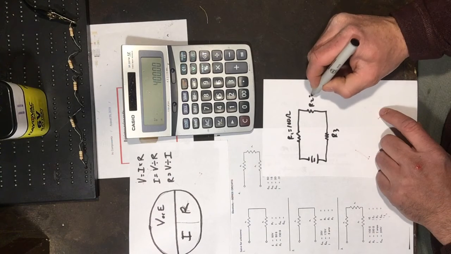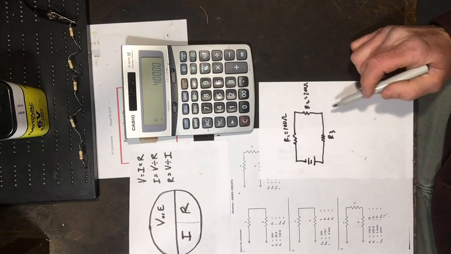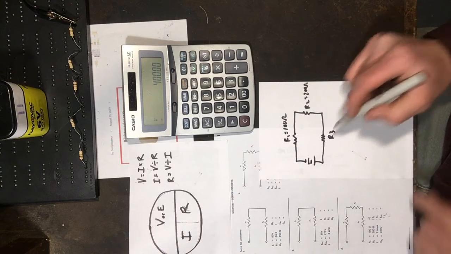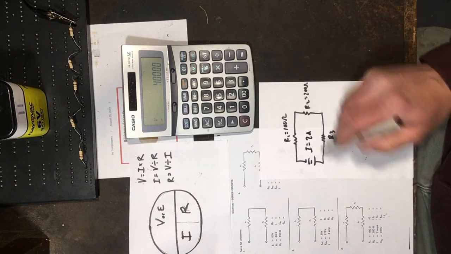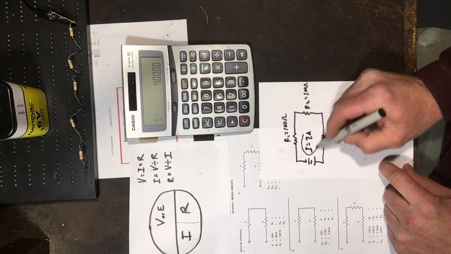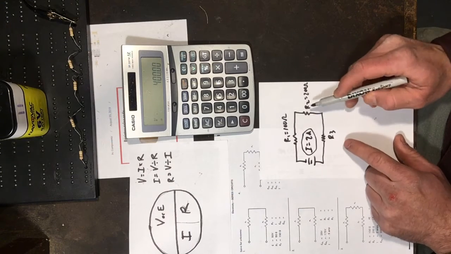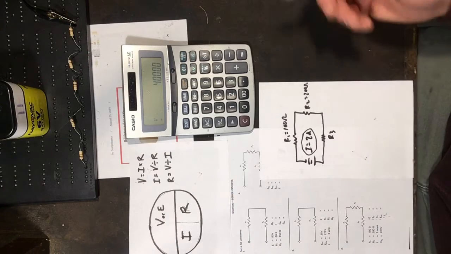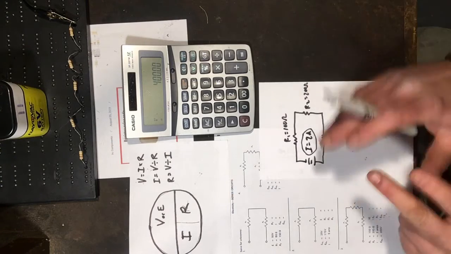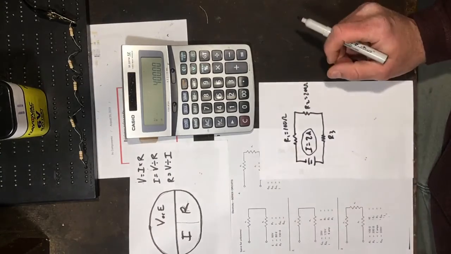We know R2 equals 200 ohms. We don't know what R3 is. We know that I equals 2 amps. And I put the I in the middle there again because that is our constant. At I of R1 we have 2 amps. At I of R2 we have 2 amps. At I of R3 we have 2 amps. And IT is also 2 amps. So we learned that I is constant in a series circuit here.